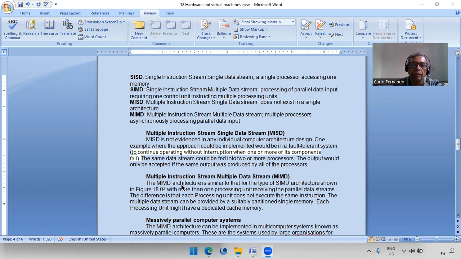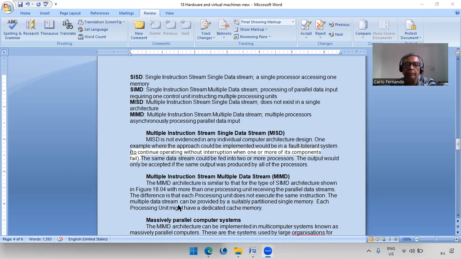Then MIMD. The MIMD architecture is similar to that of SIMD shown in figure 18.04, with more than one processing unit receiving the parallel data streams. The difference is that each processing unit does not execute the same instruction.